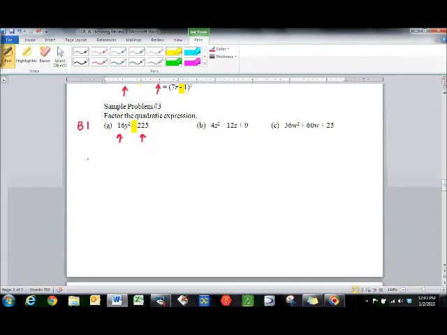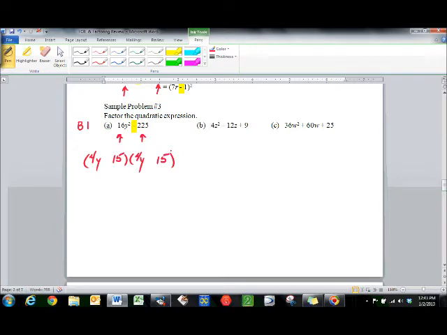So what I'm going to do here is take each one separately. 16y squared breaks up into a 4y and a 4y. And then I'm going to take the 225 and break that up into 15 and 15.